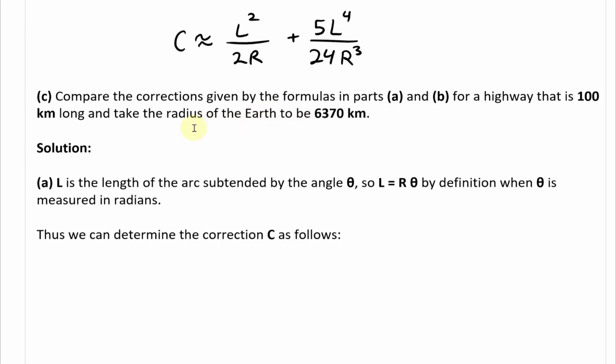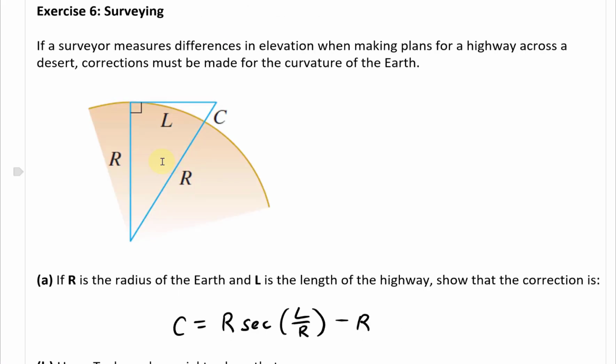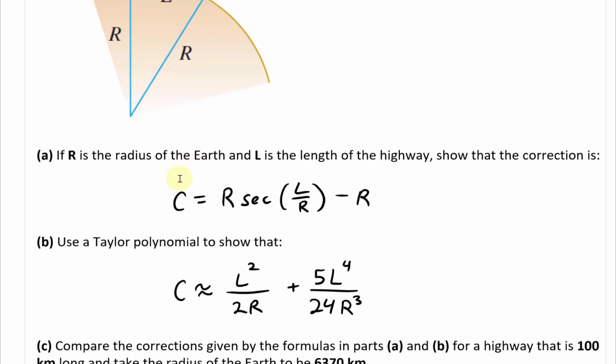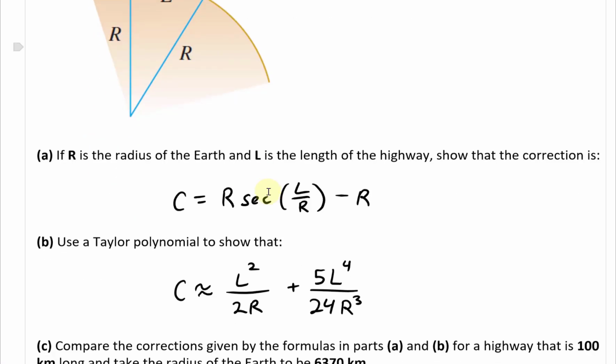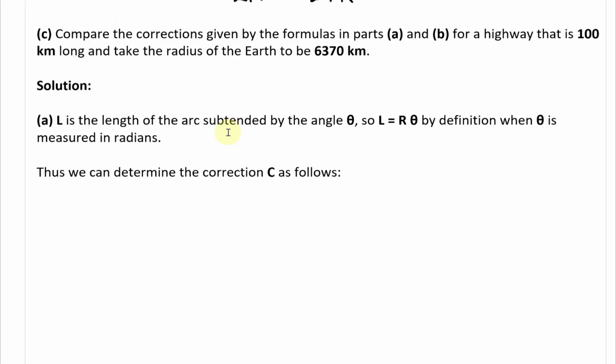So anyways, now let's go further and look at part A. We have to show that this is the case, and basically derive this formula from this chart right here to show the correction C. So L is the length of the arc subtended by the angle theta.